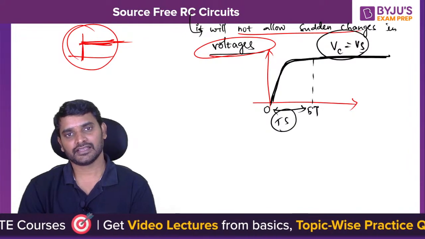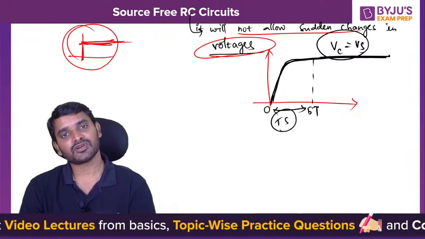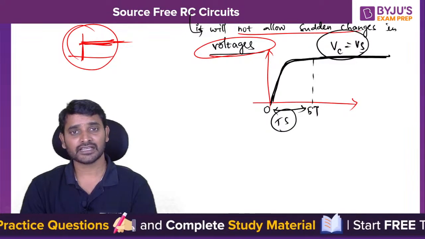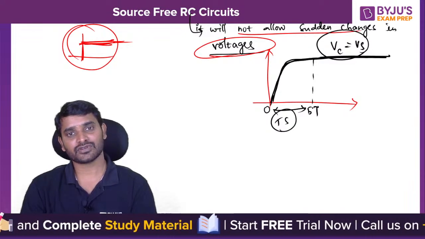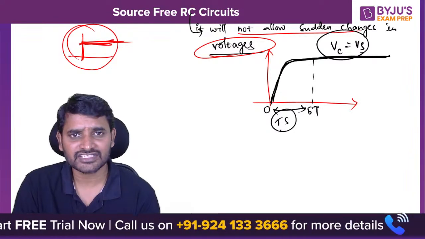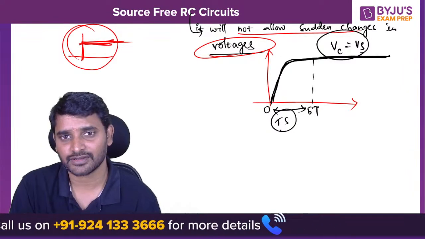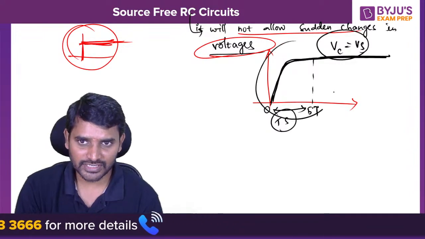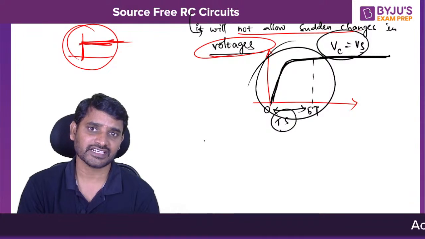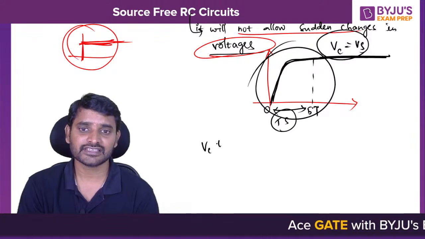In one time constant, how much voltage is going to be built up? In 2 time constants, how much voltage is going to build up? In 3 time constants, at whatever instant of time you want to find out, you can find out. So this change in voltage from 0 to 5 time constants is generally given as Vc of t.